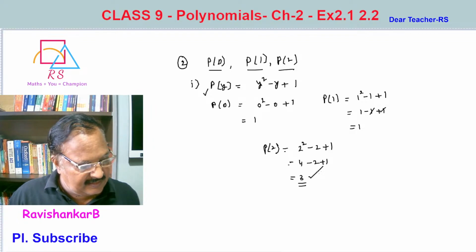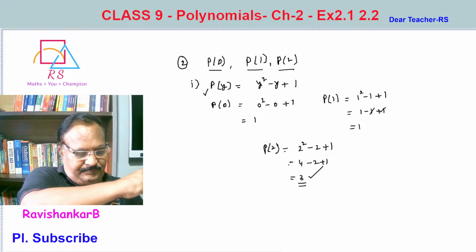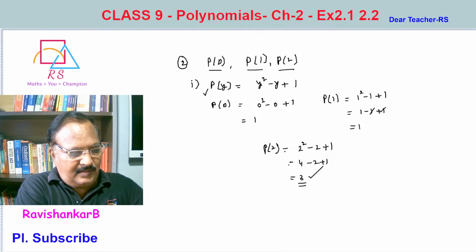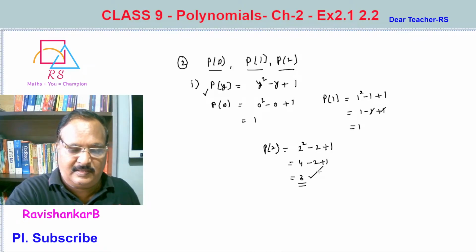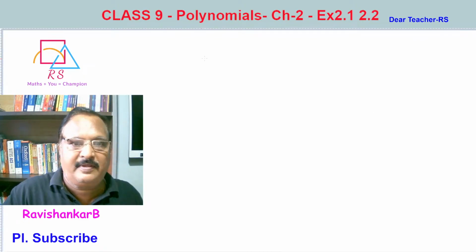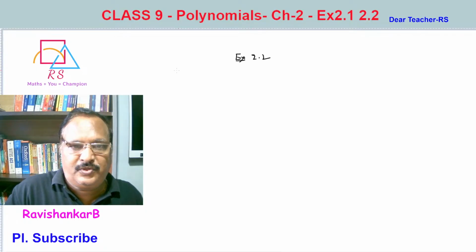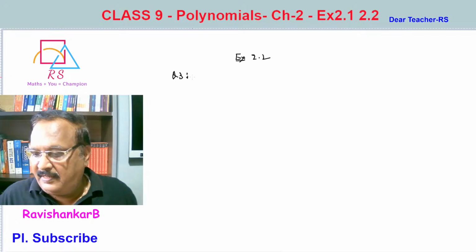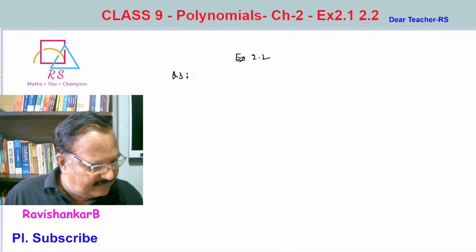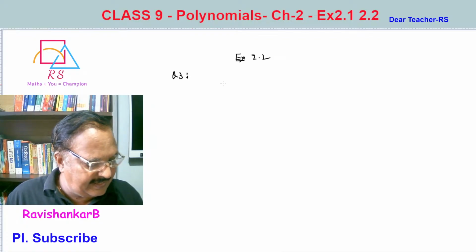Now the third question. Exercise 2.2, question number 3. Verify whether the following are zeros or not, indicated against them.